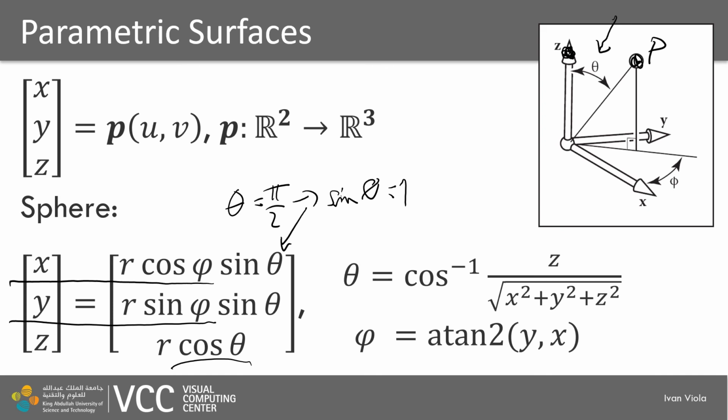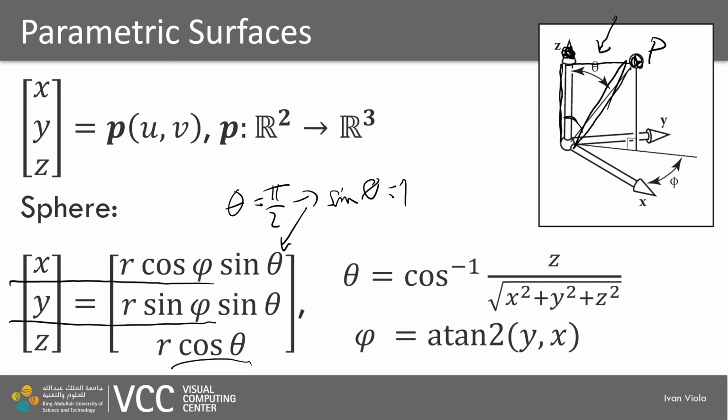Well, from the right angle and cosine, we can find out that cosine of theta will be equal to the z value divided by the hypotenuse. So this is the z value, and the theta is here, z divided by the hypotenuse. And what is the hypotenuse? That is essentially the r.